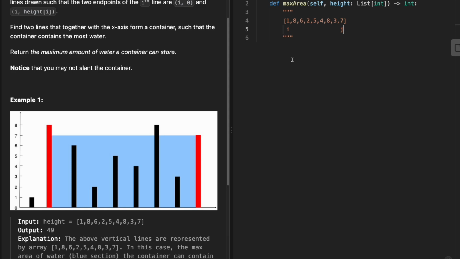So for example, we're looking at i and j, and we compare height i versus height j, and the smaller one will form the height, right? The length will be j minus i, right?